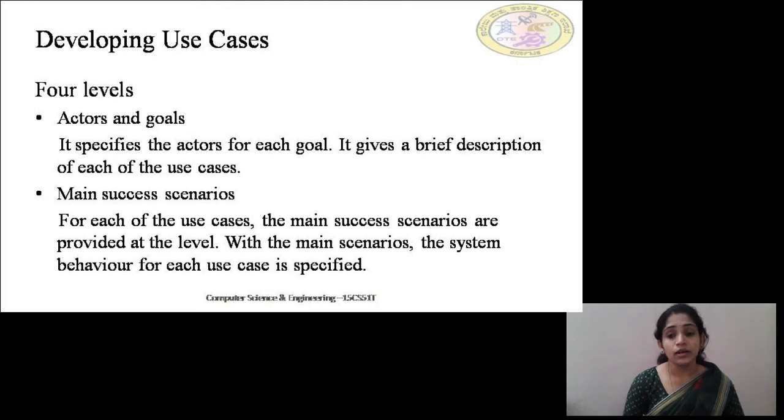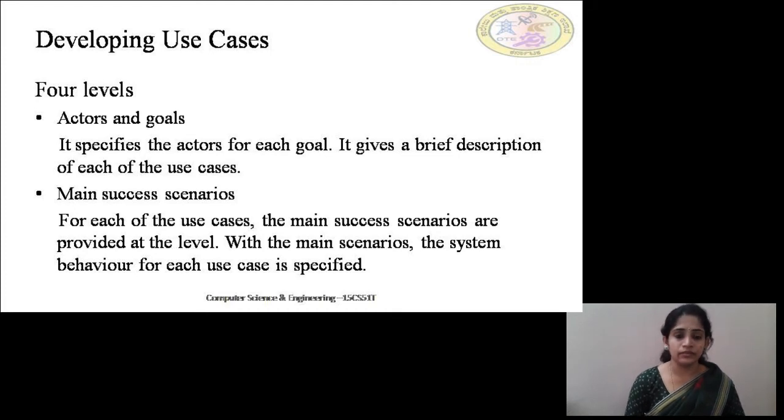It gives a brief description of each of the use cases. As I said, before starting with any use cases, we should identify the actors and the goals. This specifies the brief description of what exactly the use case is going to do.